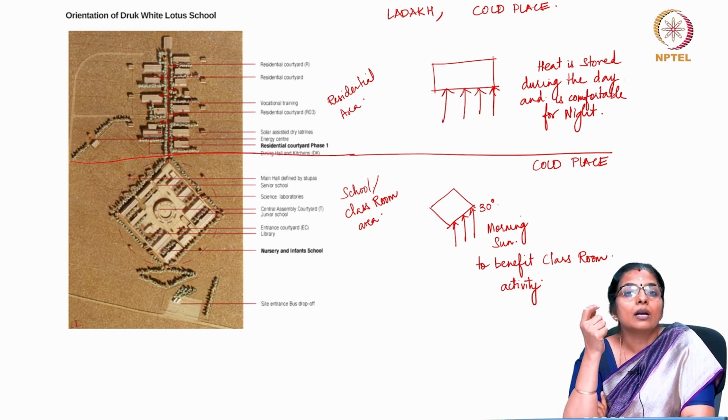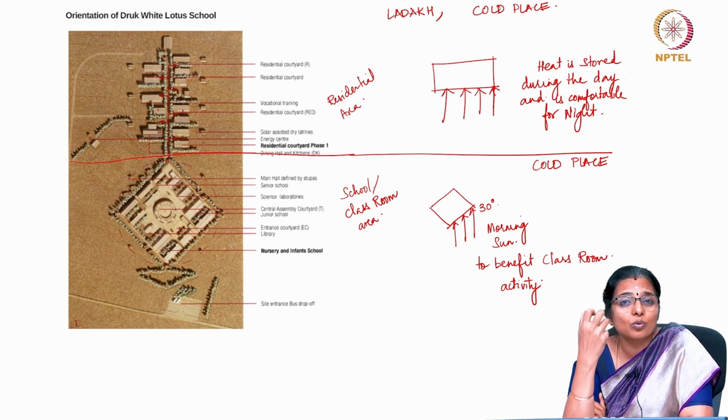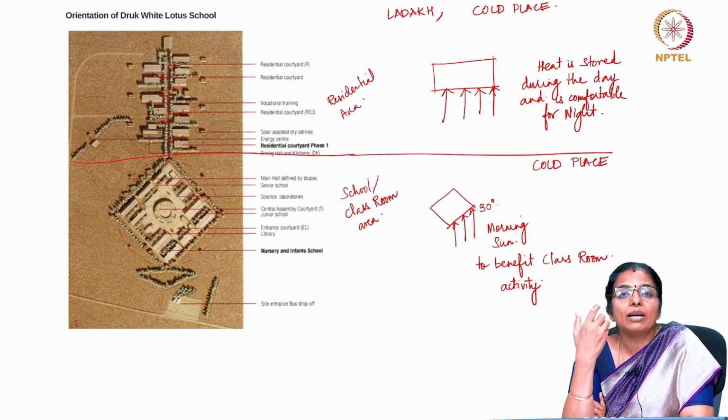When it comes to cold climates, you have to be very careful to tap the solar radiation or the heat from the solar radiation and have a building envelope which will store that heat, which can be released at night.